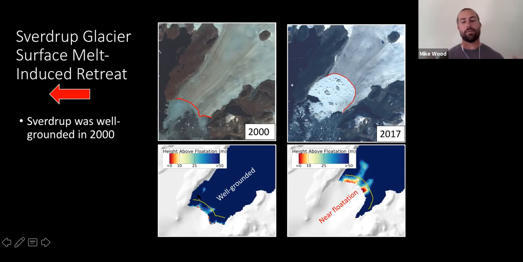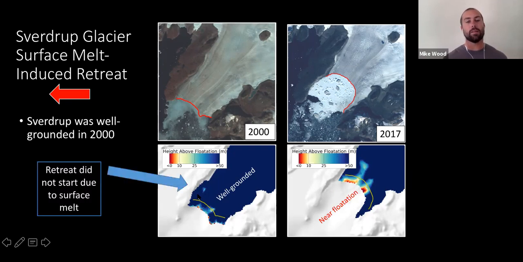What that means is that if you have surface thinning, you would have to have a substantial amount of surface thinning to be able to unground that ice and cause a retreat. And that's just not what we saw at Sverdrup Glacier during this time. We can conclude for Sverdrup that this retreat did not start due to surface melt.